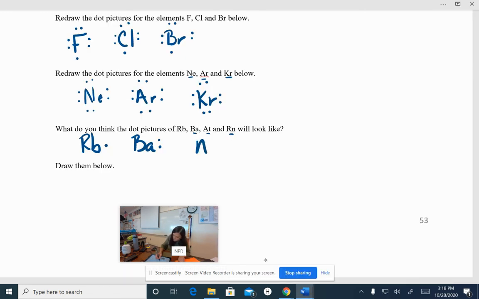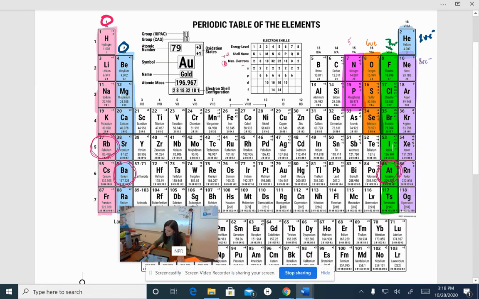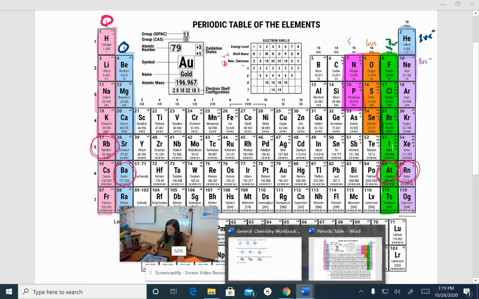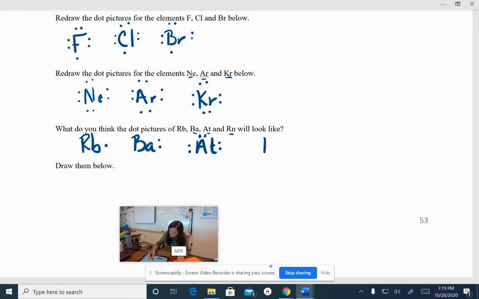So you should have acetylene with 7 valence electrons. And radon is right next to it, 8 valence electrons. So you should have written radon with 8 valence electrons. How'd you do? Were you able to predict the valence structure for those atoms?